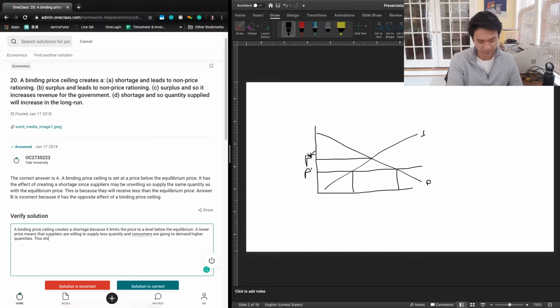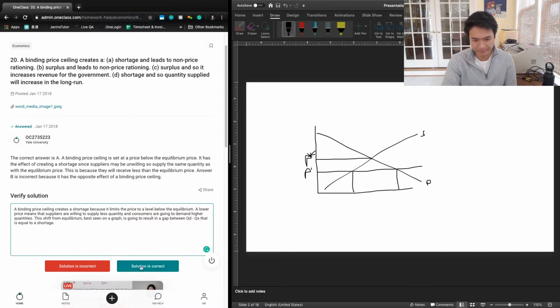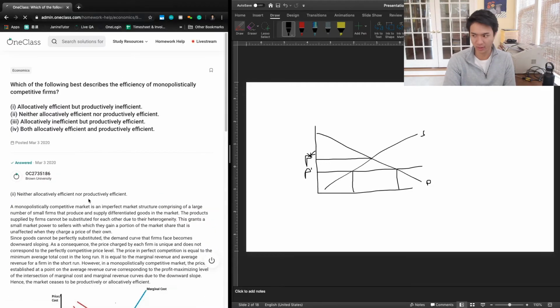This shift from equilibrium, best seen on a graph, is going to result in a gap between quantity demanded and quantity supplied that is equal to a shortage. Great. And so otherwise the solution is correct. We find no problem with that, and we're going to move on to the next question.